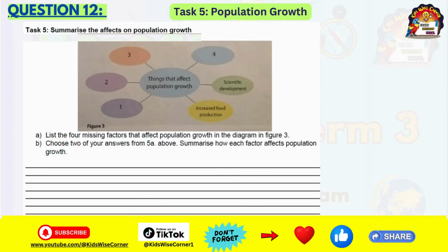And B says choose 2 of your answers from 5A above and summarize how each factor affects population growth.